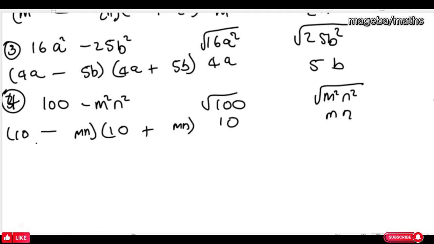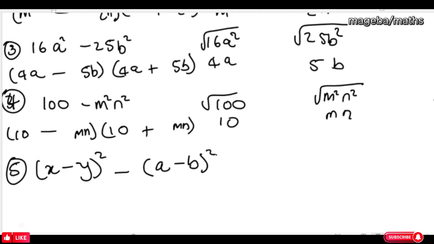And then having the last one, which is number 5, we have x minus y all squared, and then minus a minus b all squared. Same thing here, guys. Don't get anxious here when you start seeing two factors inside the bracket and two factors inside the bracket.